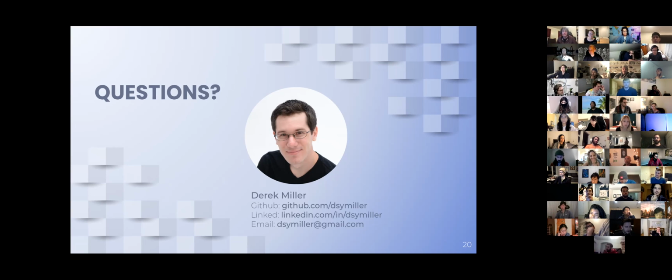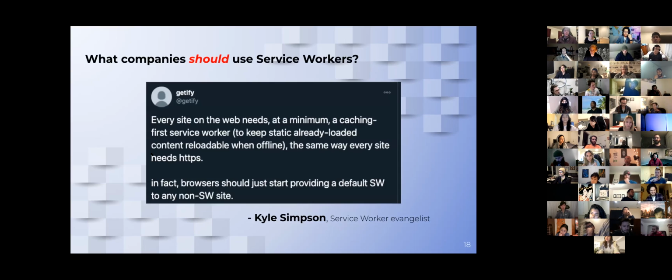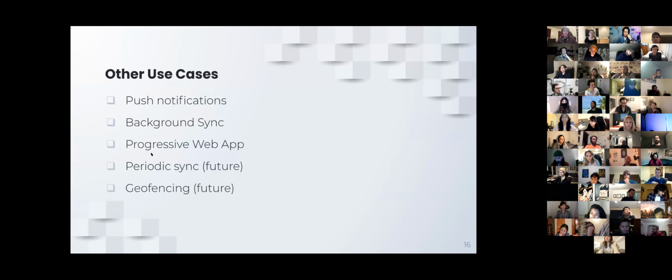Cool. So I think you mentioned this in your presentation too, but my connection was cutting out at some points. What other capabilities can you get besides caching with service workers, or is there any? Yeah, let's just go back to that page. To a large extent, they all in general revolve around caching, but one of them is push notifications.